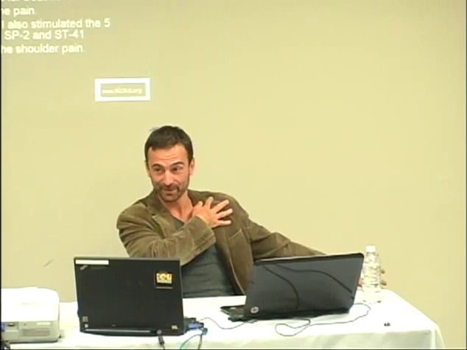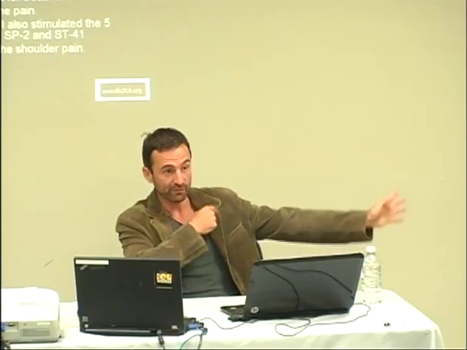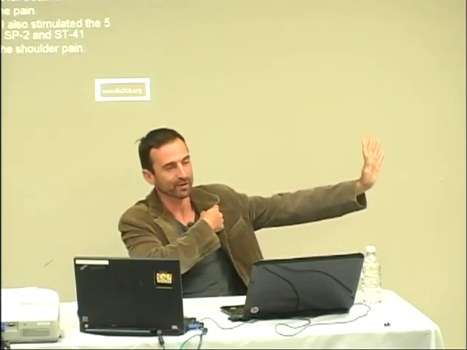But let us imagine that person had pain on the left shoulder. In this case, the pericardium 7 and the triple warmer 10 should have been on the same side, on the left shoulder, on the left arm, sorry. But spleen 2 and stomach 41 contralaterally on the other side, on the right.